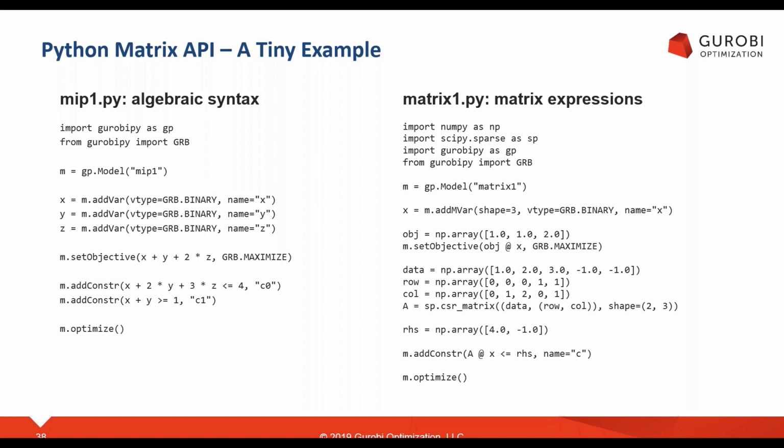That is your objective. And then in the next block of code, you see here that you set up a SciPy sparse matrix. Again, the data of the SciPy sparse matrix being NumPy arrays in this case. And then you take this sparse matrix A and a right-hand side vector as a NumPy array RHS and plug it into this addConstr method, again, using the add operator.